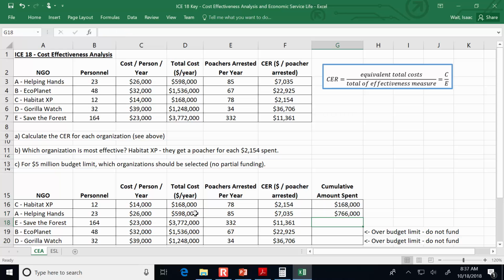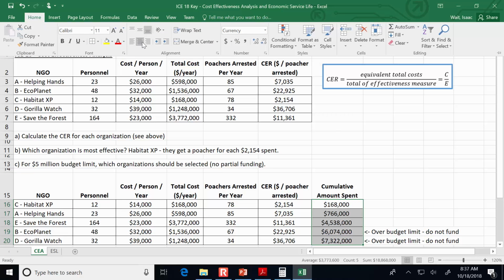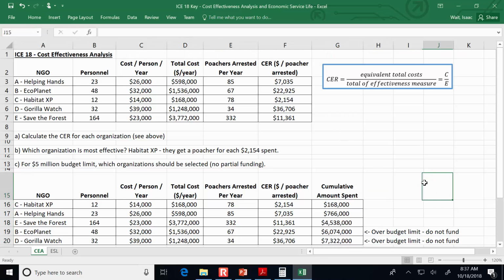So if you're funding these two organizations, Habitat XP and Helping Hands, then it would be $776,000. And then I can drag that all the way down. What you'll notice is that I can only fully fund organizations C, A, and E. And if I can't partially fund, then EcoPlanet and Gorilla Watch don't get any budget from us.